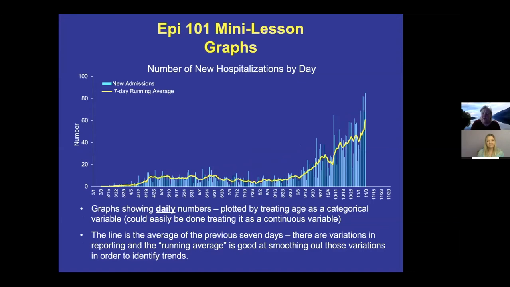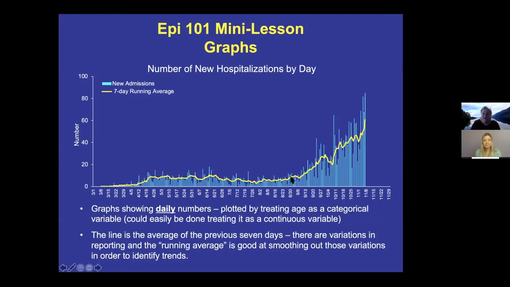Now, another way of looking at hospitalization data, which is also in the daily update, is looking at the number of new hospitalizations by day. And here, each of these vertical lines are the number of cases that were observed or reported on the Department of Health dashboard on that particular day. And you can see the line's a little bit different because we're not adding, this is each individual day, what are the number of cases.